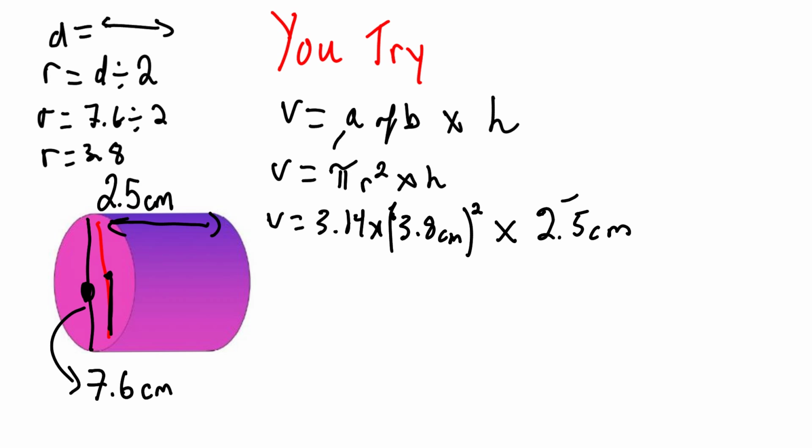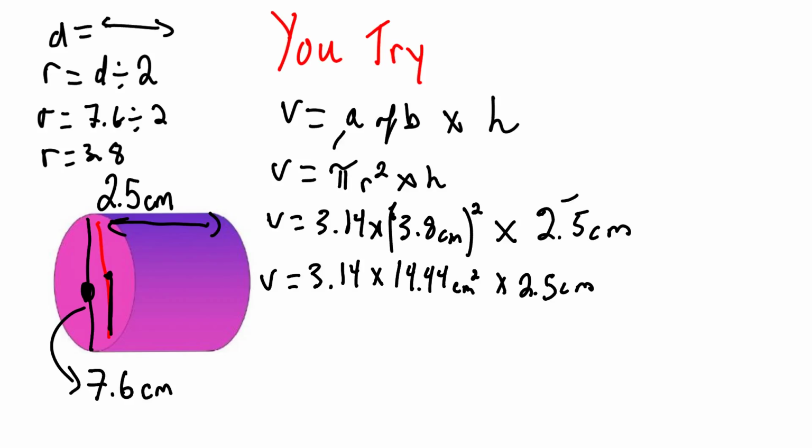Now we just do the work. So we know that our volume is going to be 3.14. 3.8 times 3.8 is going to give us 14.44 centimeters squared, multiplied by our height still, which is 2.5 centimeters.